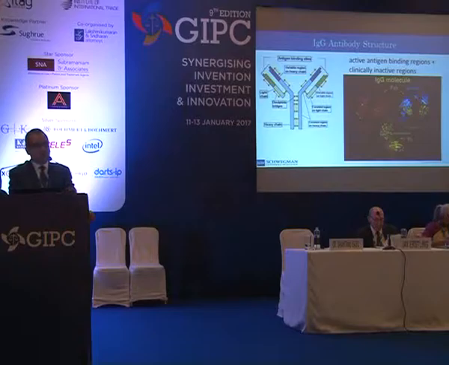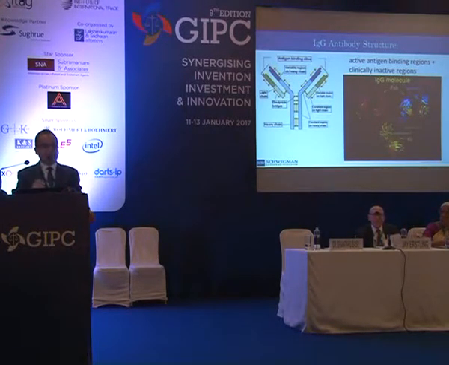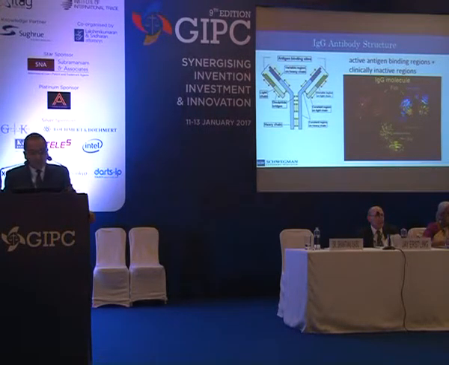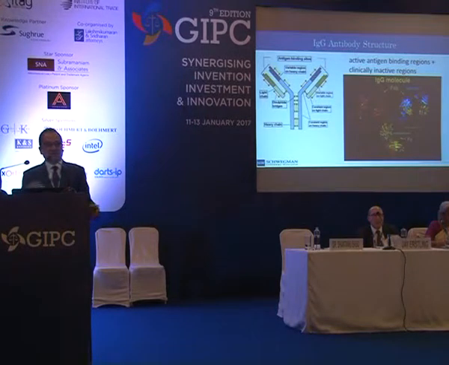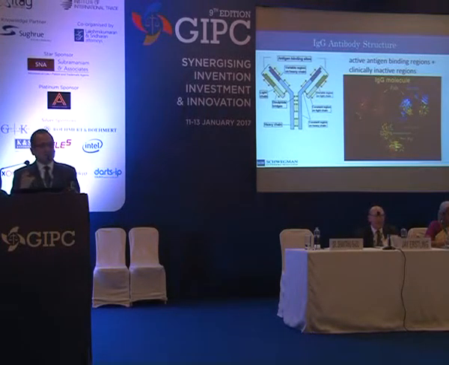It's in the variable regions of the light and heavy chains. Those are very small regions with little yellow dots and things like that. For example, you can make an antibody in a mouse, take out just the antigen binding sites, and transfer it to a human antibody, and it will be functional. What worked in a mouse will work in a human.